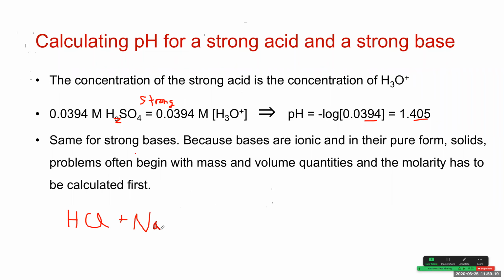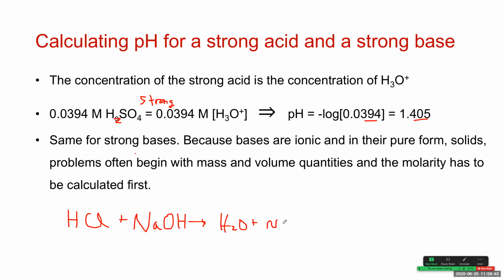In this case, we have a strong acid and a strong base. In fact, any acid-base reaction generically produces water and salt if it's a hydroxide base. So we're going to get water and sodium chloride.